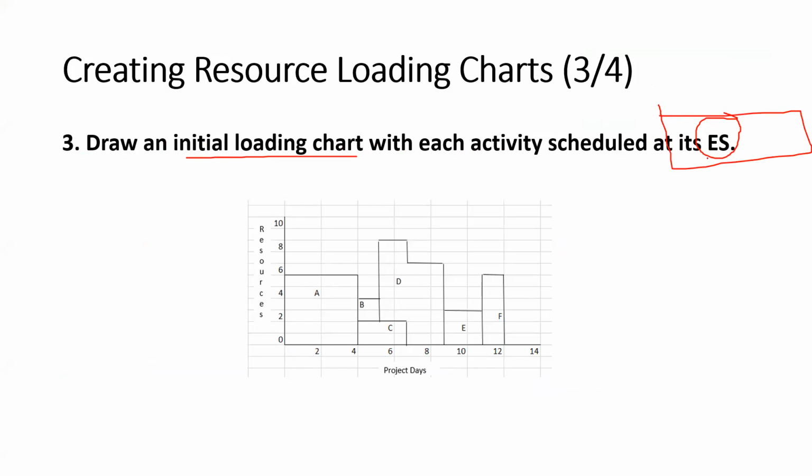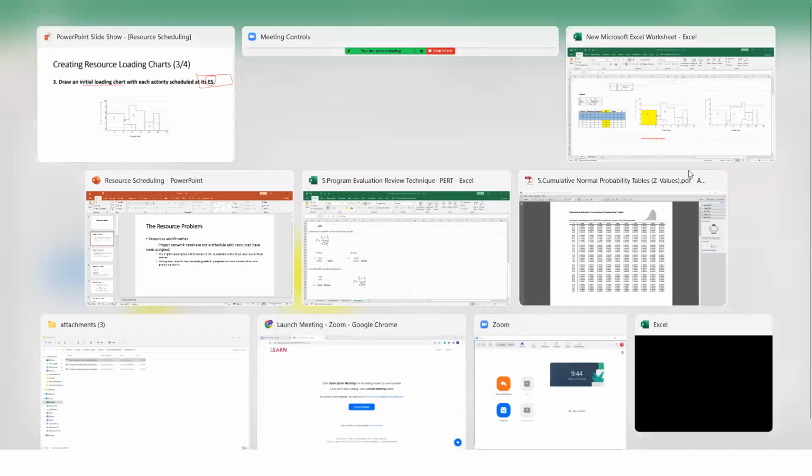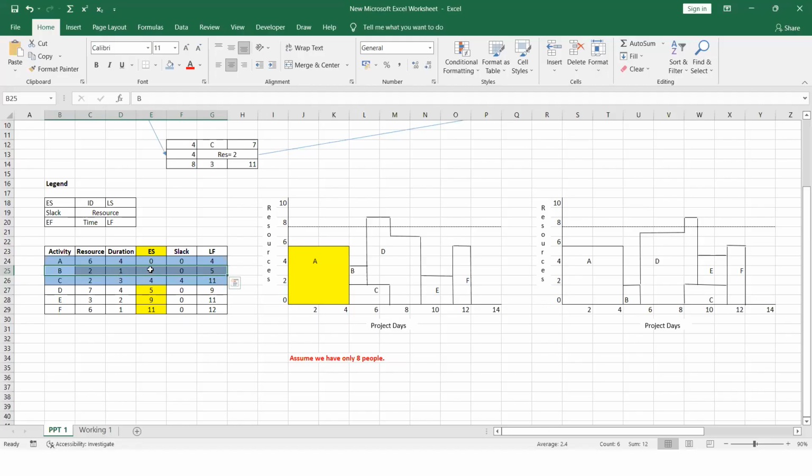So according to this example, you can see the early start time is 4 for both B and C. Both are using 2 resources, but the duration is higher in the C activity.